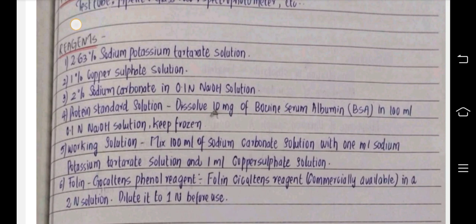We just need 1 ml, but still we are preparing 100 ml of this copper sulfate solution to get 1% copper sulfate solution. Why? Because we are just dissolving 1 gram of copper sulfate into 100 ml water.